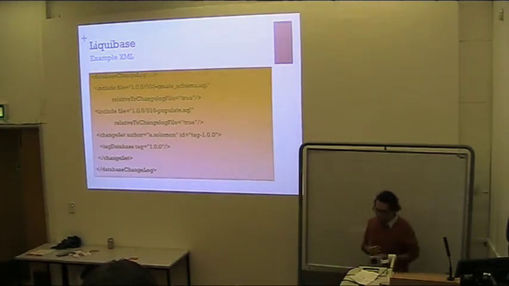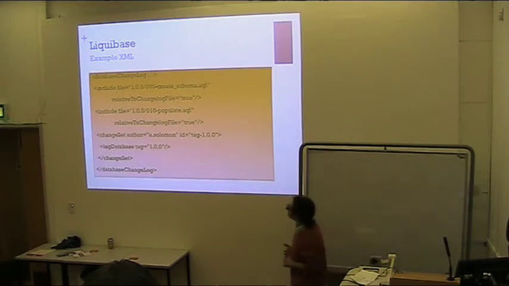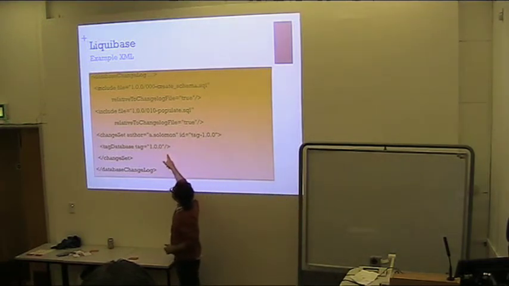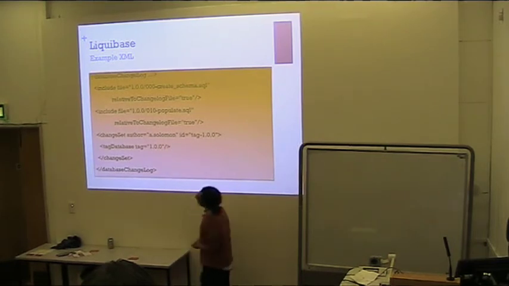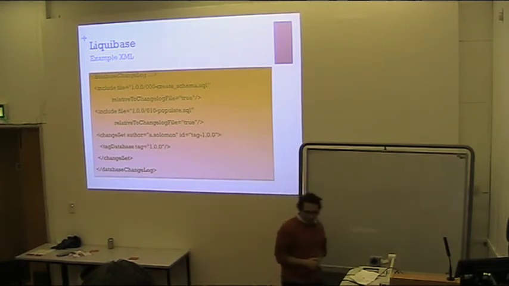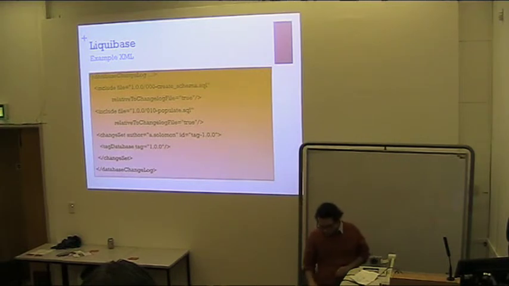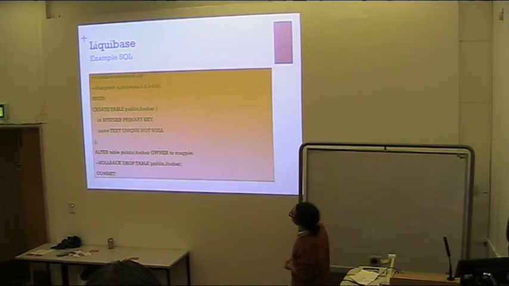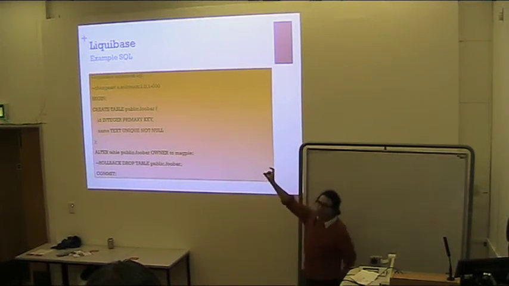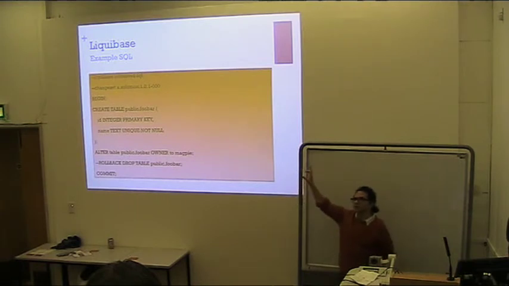So that's what the XML file looks like. That's the tag I was talking about. There, the include file, that's just almost a plain SQL file. The only difference is the comment at the top, which is Liquibase formatted SQL, change set, blah. That is what gets plugged into the changelog table in the database.